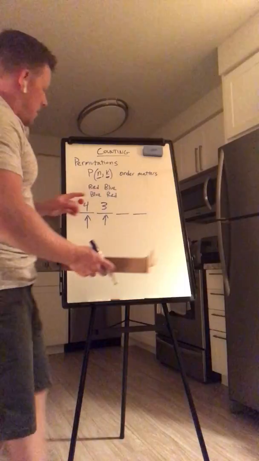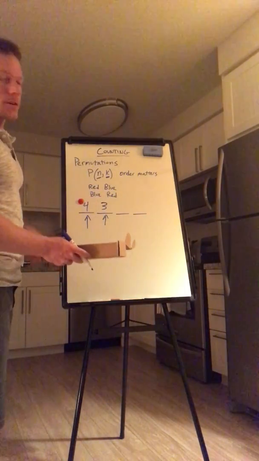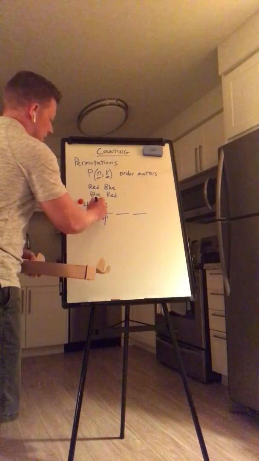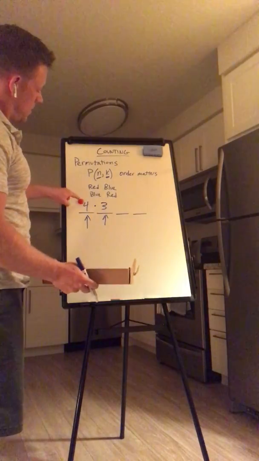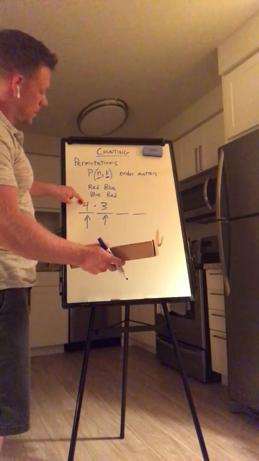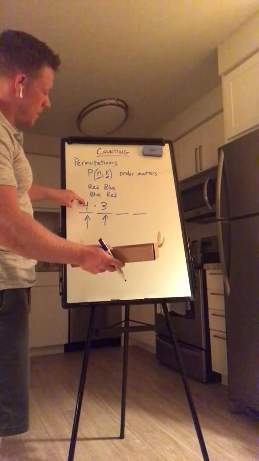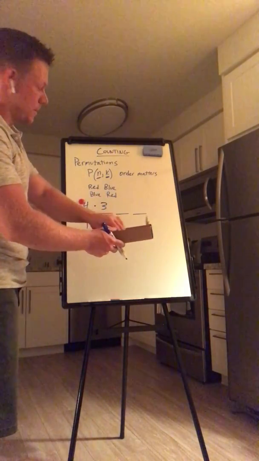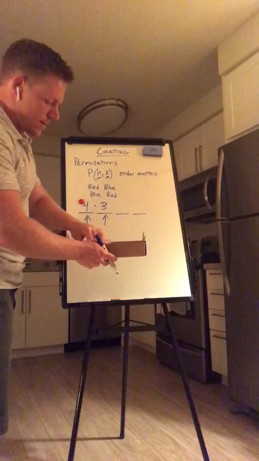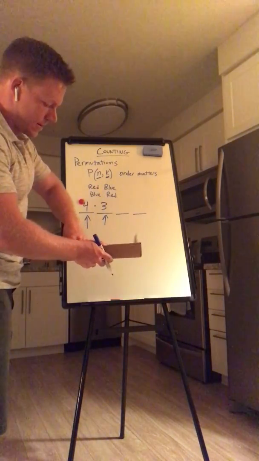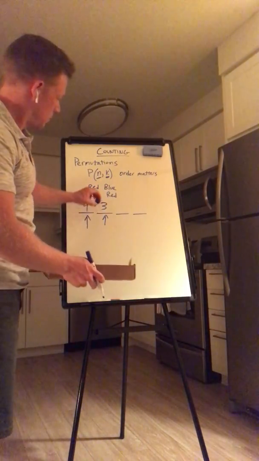Now, with these 2 numbers, we just multiply them, because right here, for the particular red one, if I put a red magnet here, I've got 3 different ones I could put here. I got green, I got yellow, and I've got blue.